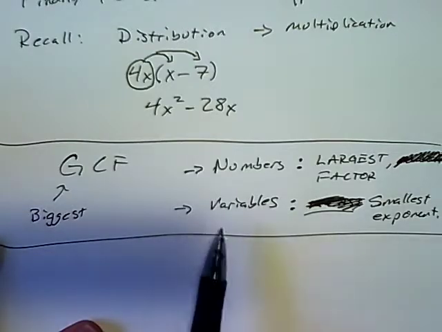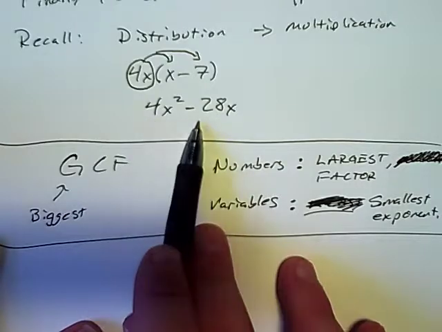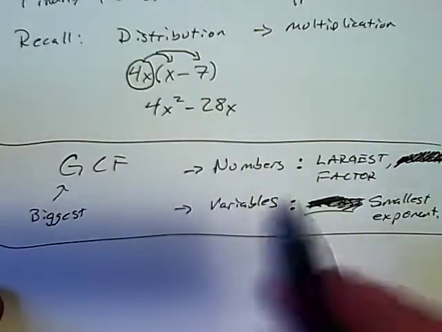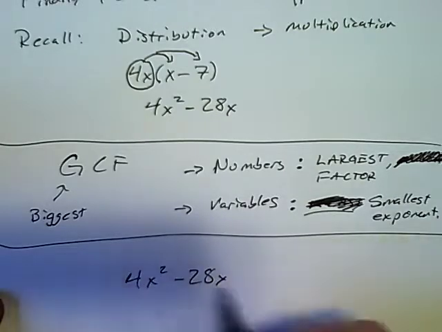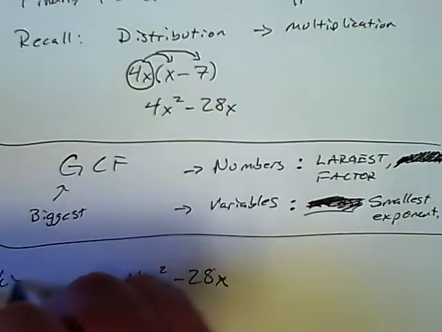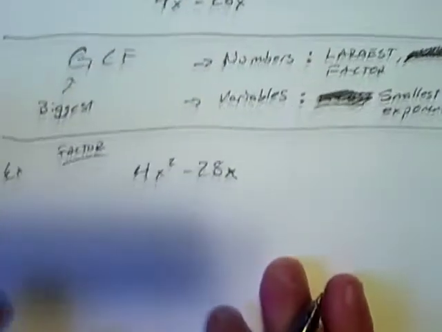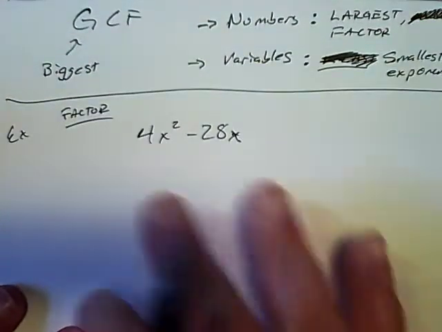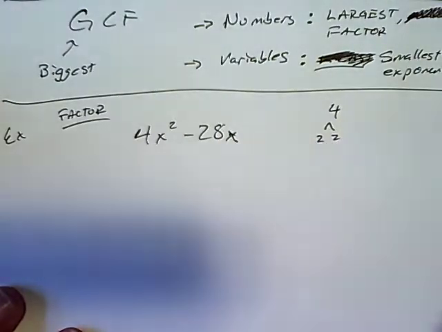So if we were to look at 4 and 28, if I were to break them down, let's do this: 4x squared minus 28x. The goal for this example is to factor 4x squared minus 28x. Well, I know 4 breaks into 2 and 2.